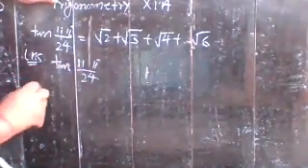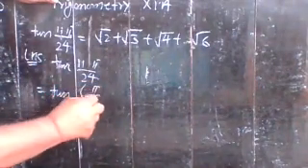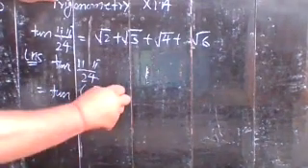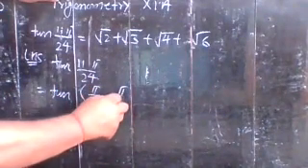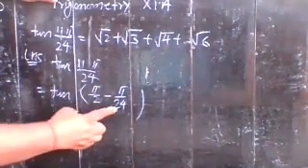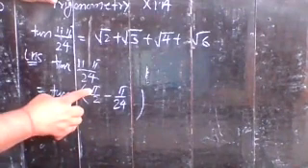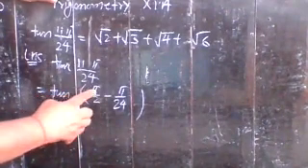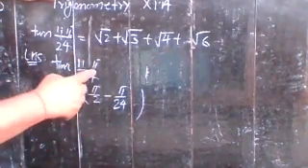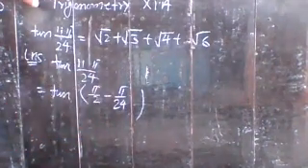And tan of 11 pi by 24 can be written, just check the calculation, as pi by 2 minus pi by 24. Taking LCM 24, here you have 12 pi, and 12 pi minus pi is equal to 11 pi. So tan of 11 pi by 24 can be written as tan of pi by 2 minus pi by 24.